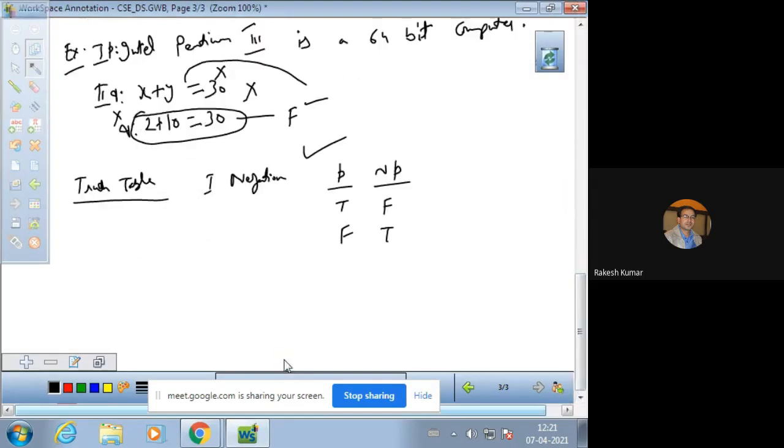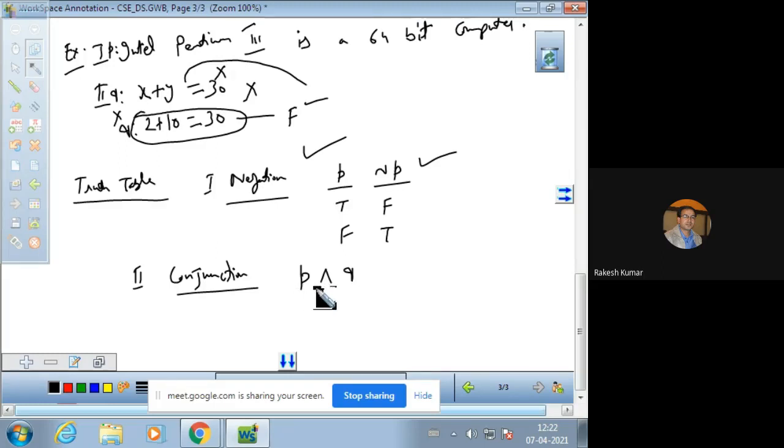Now let us define these. Negation is defined like this. This is the fundamental connector. The second fundamental connector is conjunction. This can also be defined. Conjunction says that if we have two prepositions P and Q, then the conjunction of P and Q will be written like this.